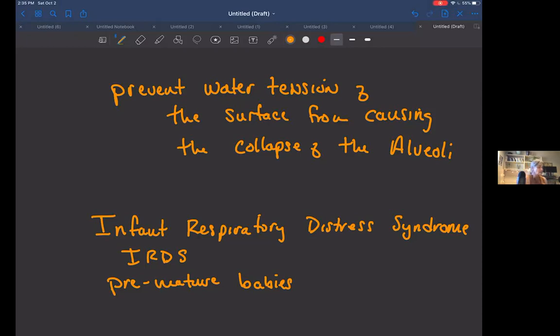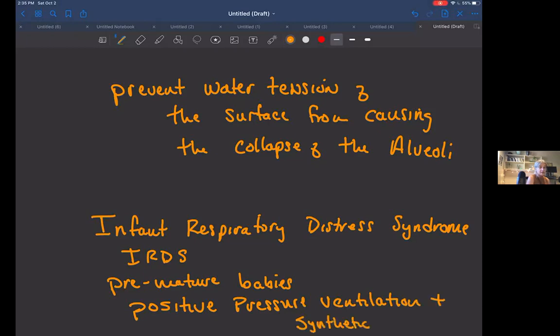So you treat with positive pressure ventilation plus synthetic surfactant. Synthetic means that it's produced outside of the body. And that will prevent the lungs from collapsing.